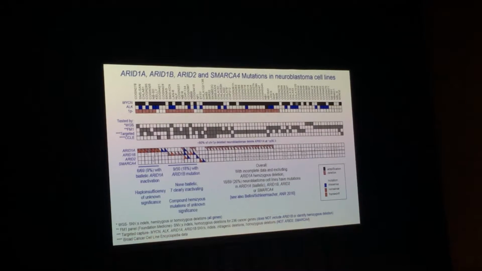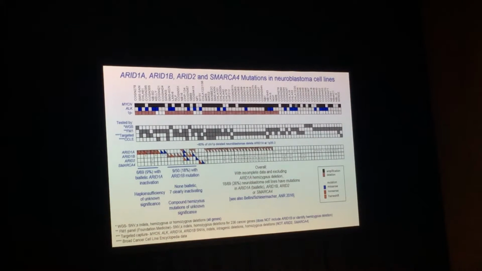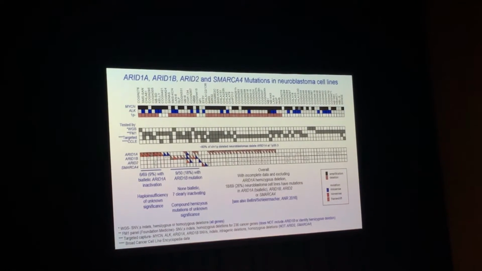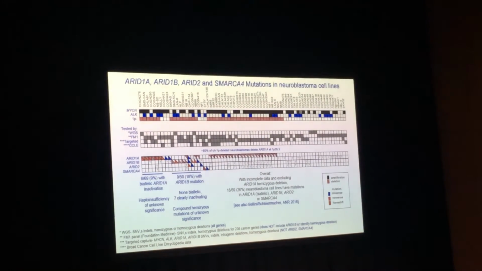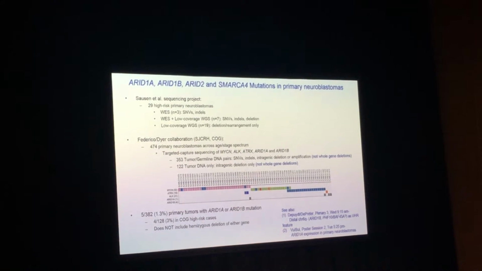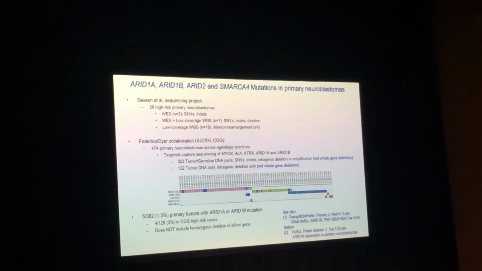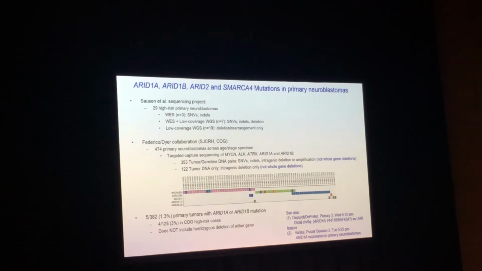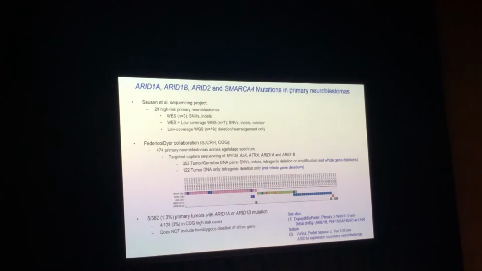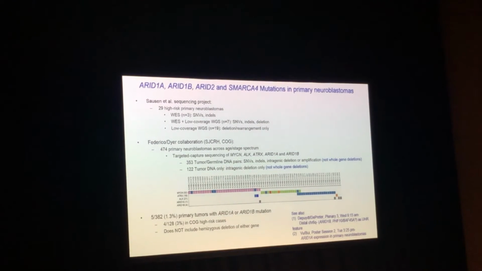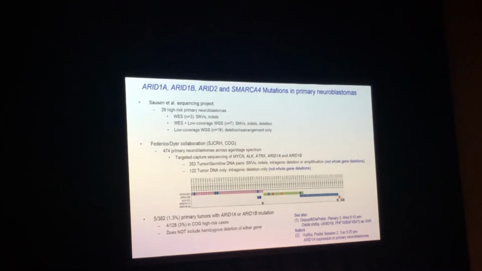There was some primary tumor data at a morning plenary session from Gudrun Schleiermacher's lab looking at primary tumors, and we've done some primary tumors as well and find a similar frequency. We had some initial work done as part of our principal published sequencing effort, and we collaborated with Mike Dyer and Sarah Federico to look at primary tumors in an extended set, looking at ATRX, ARID1A, and ARID1B.